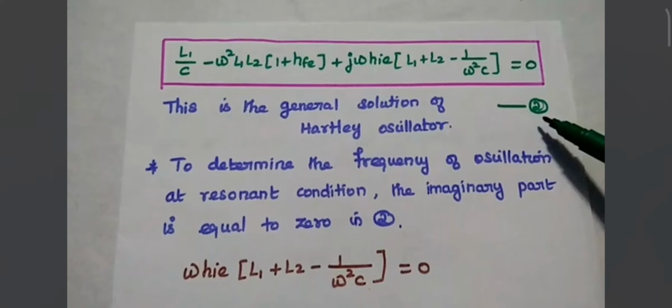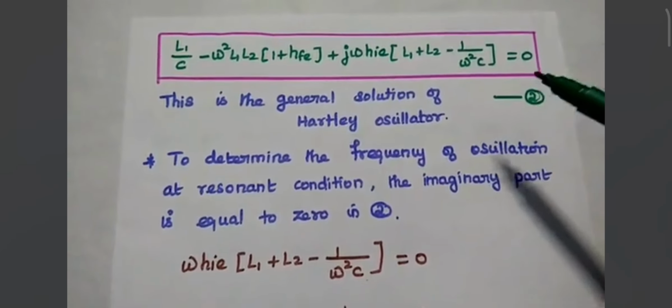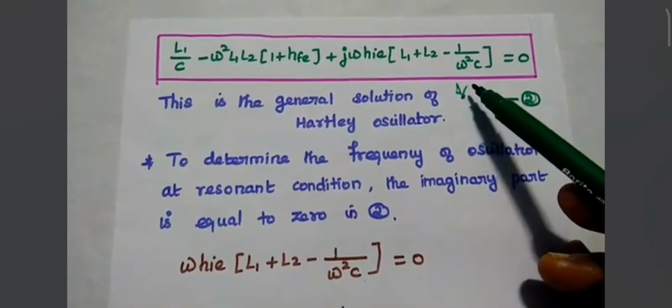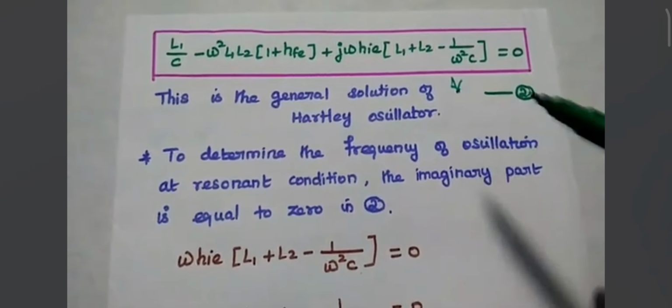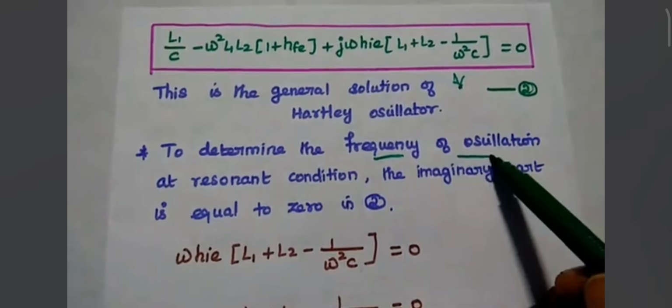Consider this as the second equation. So this is the general equation of the Hartley oscillator. We have derived this general equation especially for the Hartley oscillator. Next, we are going to find out the frequency of oscillation.